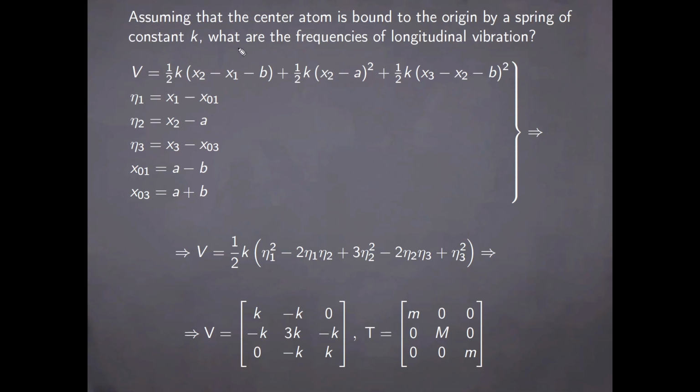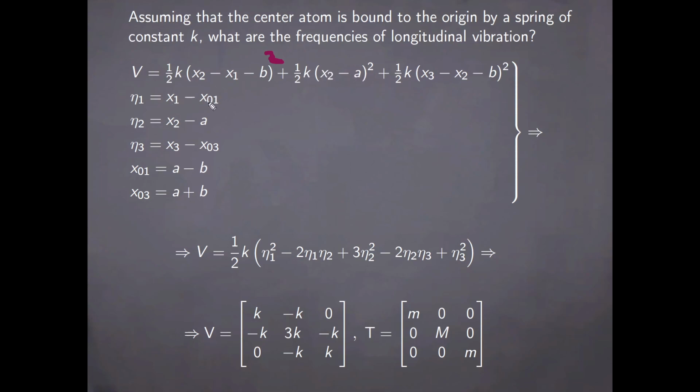In that case, if we want to look at the frequencies of longitudinal vibration, we once again start by writing down the potential, and obviously I'm missing a 2 over here, so the first term is this distance squared. So these would just be the first two terms of the original problem, but we need to add an additional term which corresponds to the fact that we have a spring also binding this second atom to the origin.